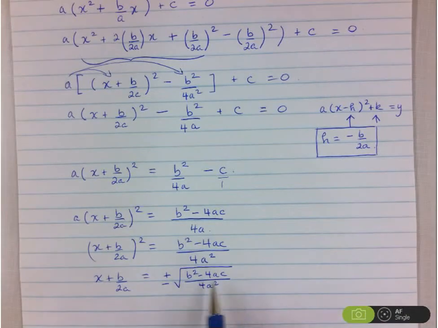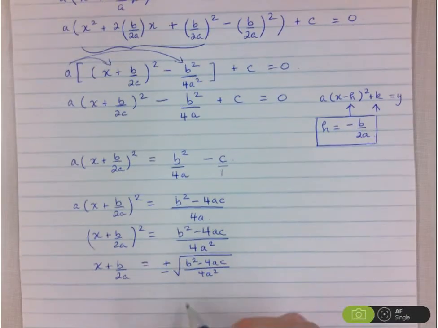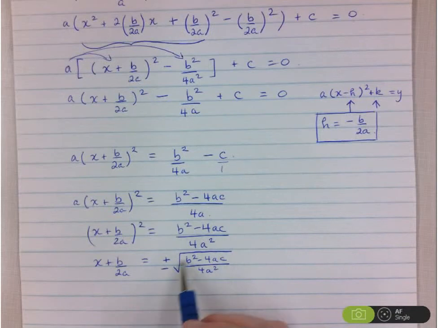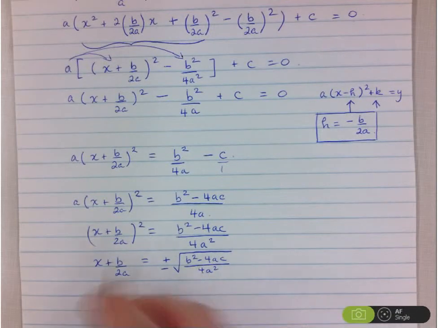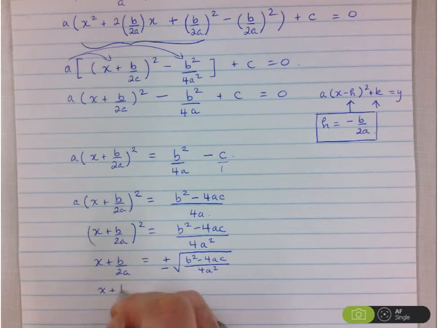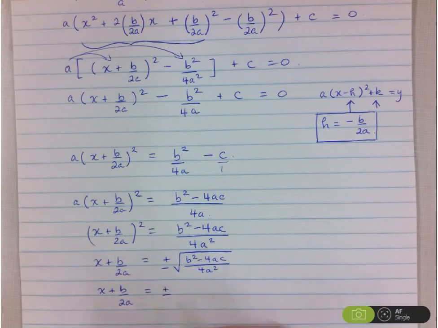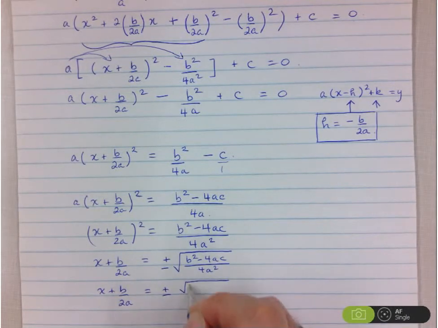Okay, now I actually think we can simplify this a little bit, because I notice that the denominator is a perfect square, but the numerator is not. So what I'm going to do here is leave the numerator under the square root, b squared minus 4ac, but I can take the square root of the denominator.